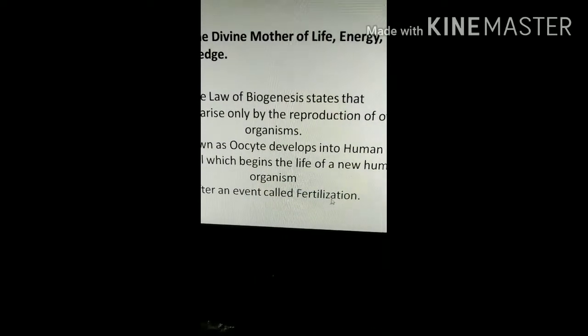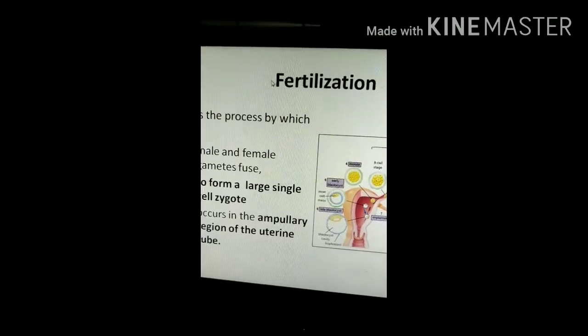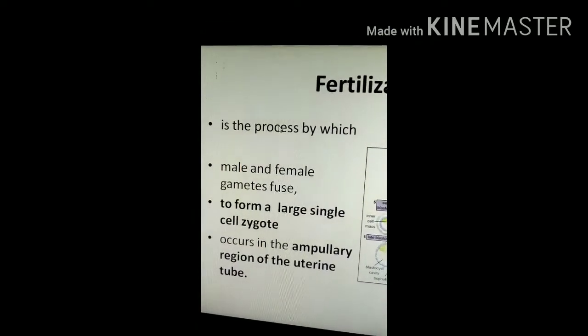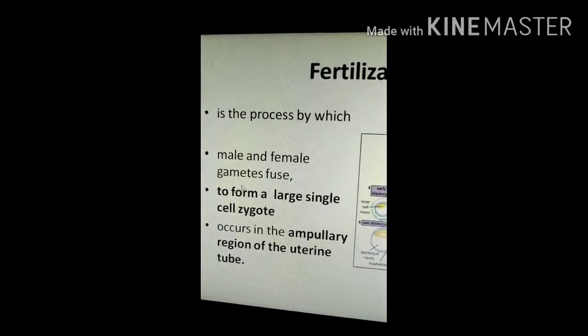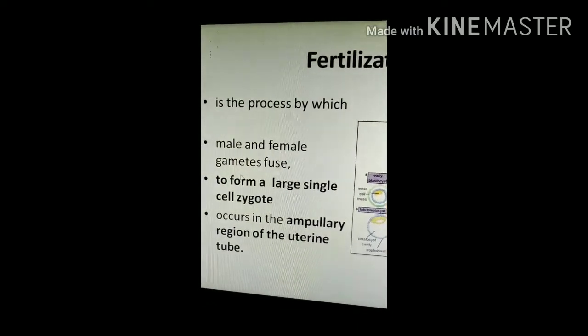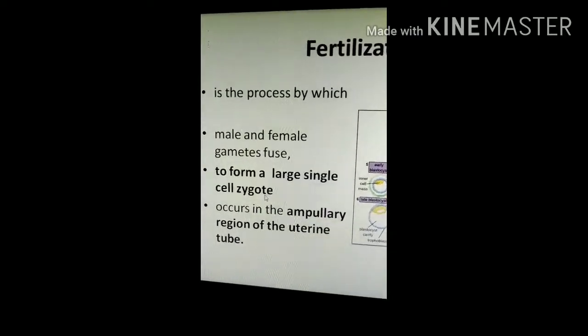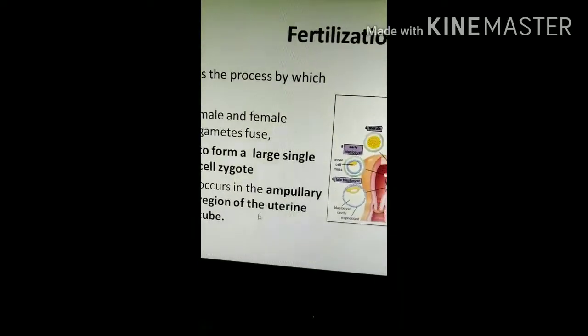So now we discuss fertilization. By definition, fertilization is a process by which male and female gametes, meaning sperm and ovum, fuse to form a large single cell known as the zygote. It occurs in the ampullary region of the uterine tube.